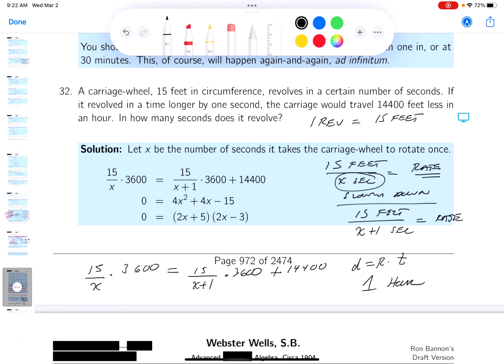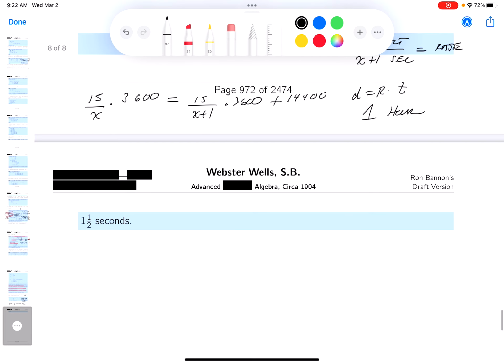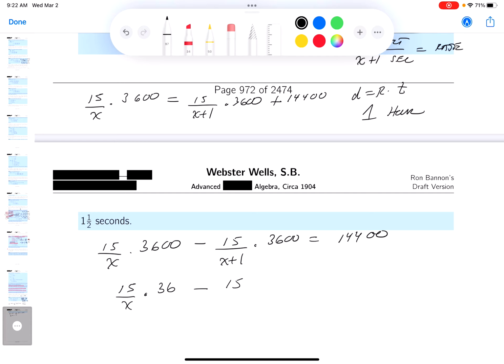All right, I got some problems here. I got to do the arithmetic. So as I'm doing that, I want to write down what I would do. I would divide by 100, just to make my life a little bit easier. 15 over X times 36 minus 15 over X plus 1 times 36, and this would be 144.